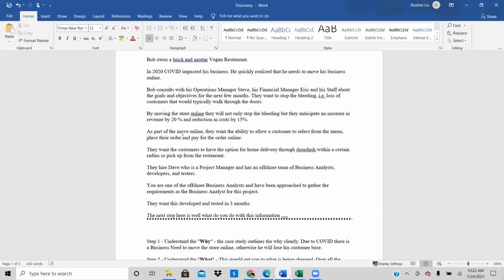Anything else? I'll tell you a trick about how to identify requirements in a little bit, but I just want to see your gut feeling. What do you think are the requirements? What does this customer want? What does this kind of customer or stakeholder want?